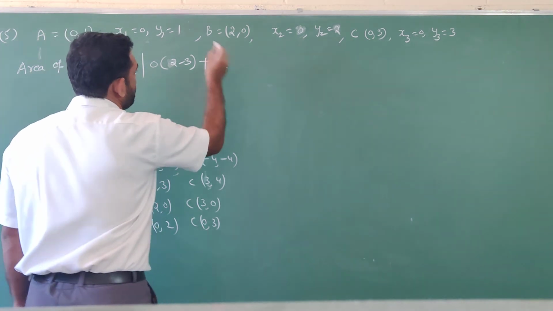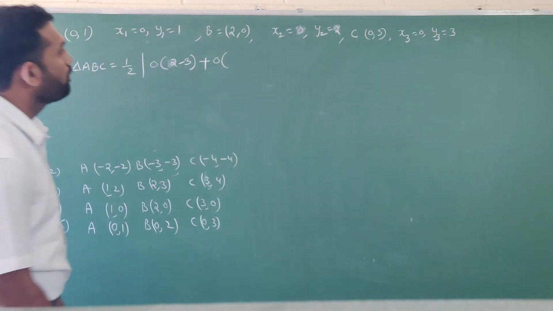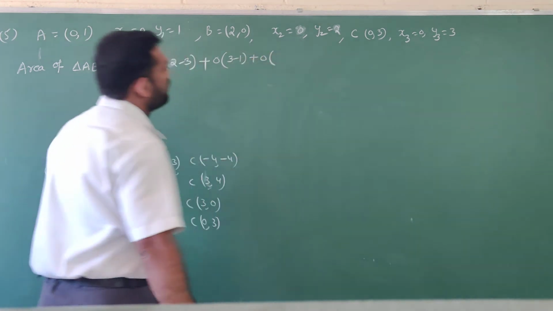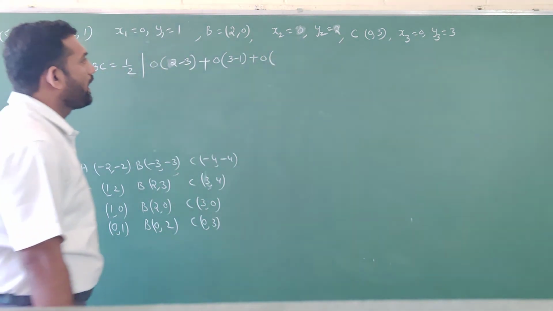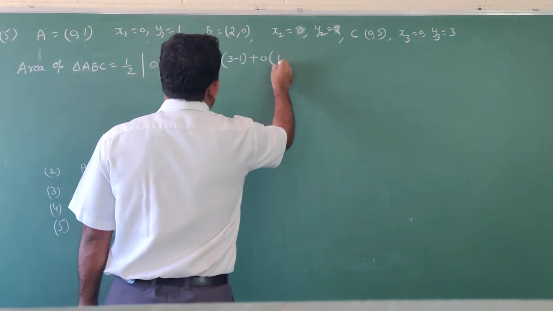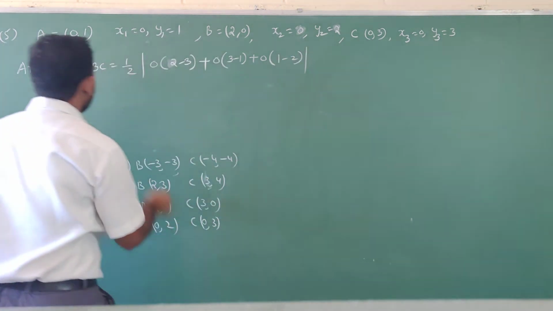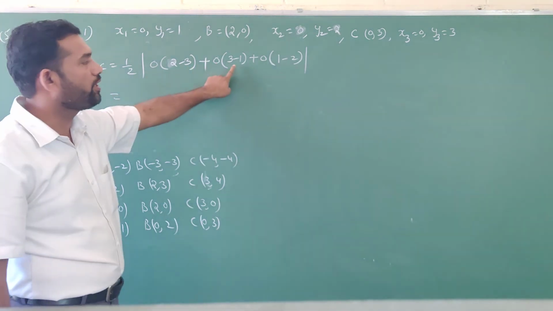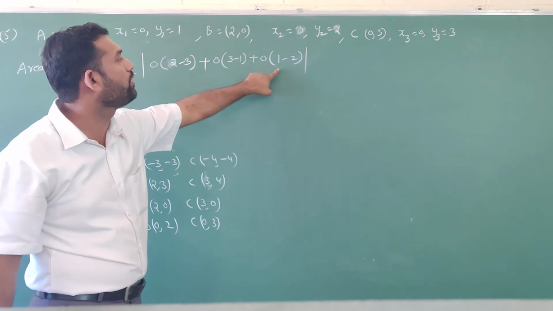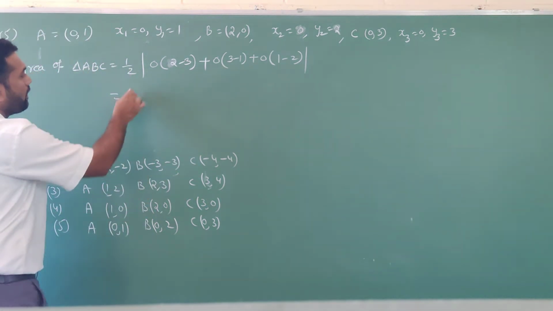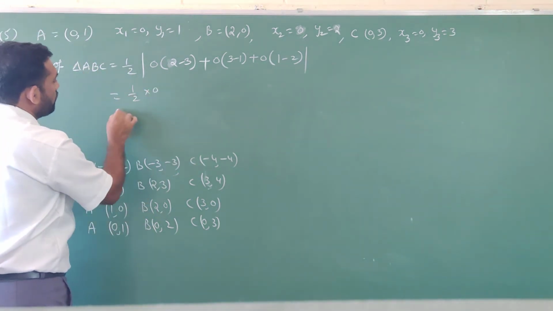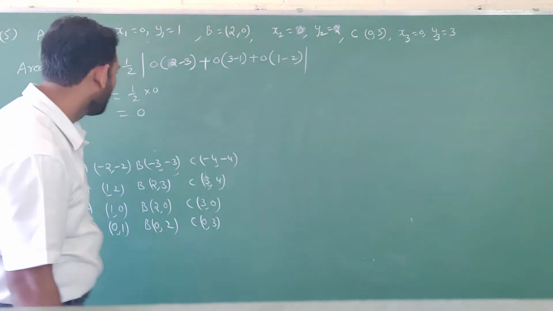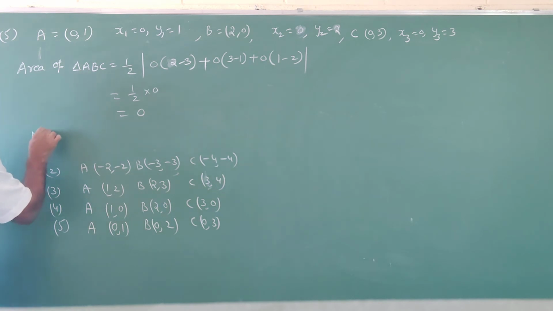x2 (0) times (y3 minus y1, 3 minus 1), plus x3 (0) times (y1 minus y2, 1 minus 2). So here you observe 0 into this value is 0, 0 into this value is 0, 0 into this value is 0. The total summation should be 0. So we are getting 0, so the area is 0. Why?